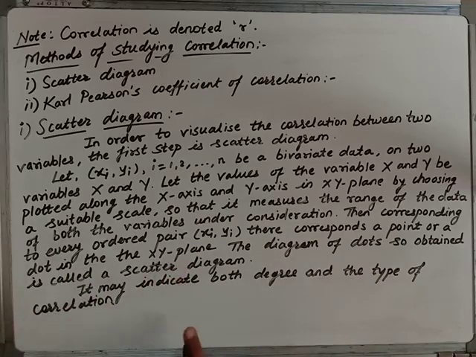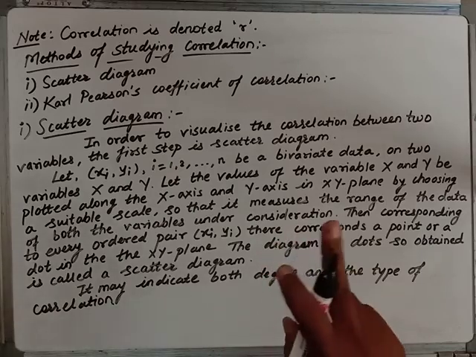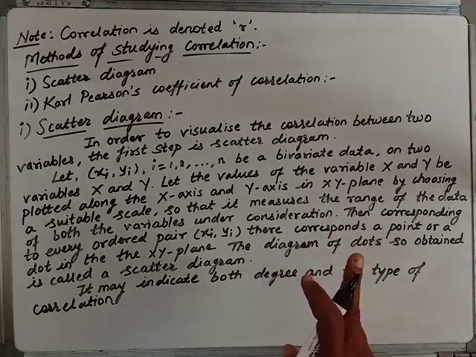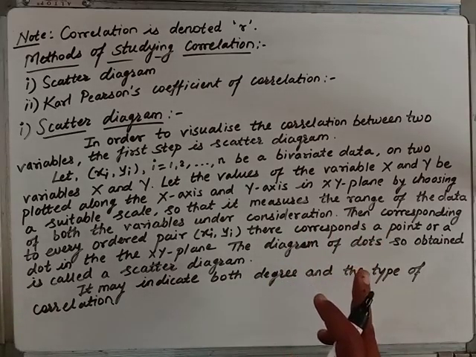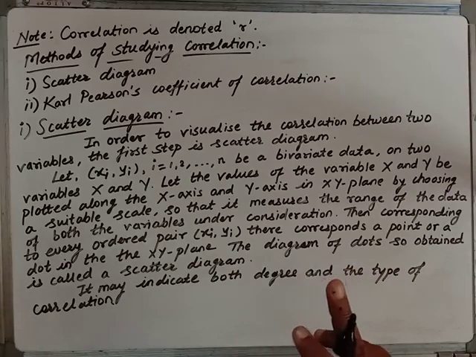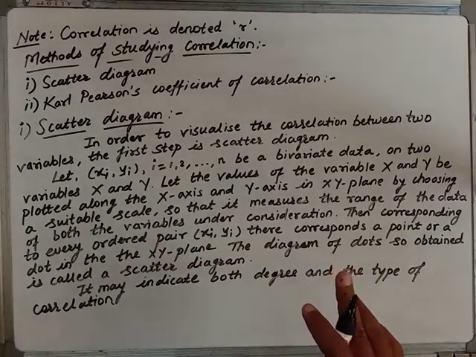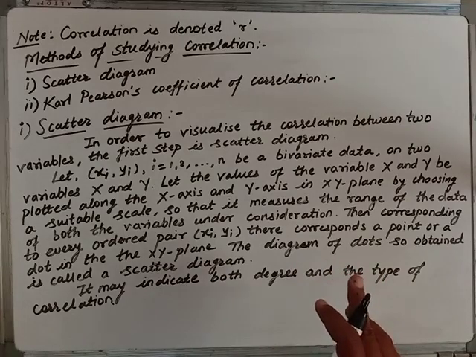So it's a very simple method. Whatever data we have of two variables, we will consider one as the x variable and the other as the y variable, and we will plot the graph of them and look at how the graph occurs. If it is increasing, then there will be a positive correlation. If it is decreasing, then negative correlation. And if it is neither increasing nor decreasing and there is no relation, that will be a zero correlation.